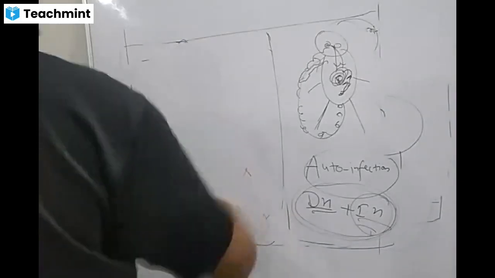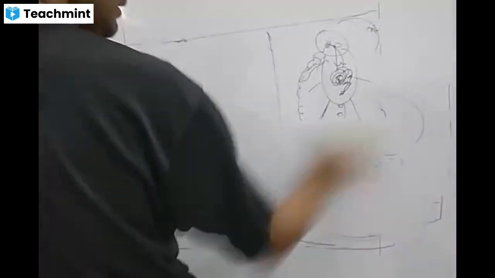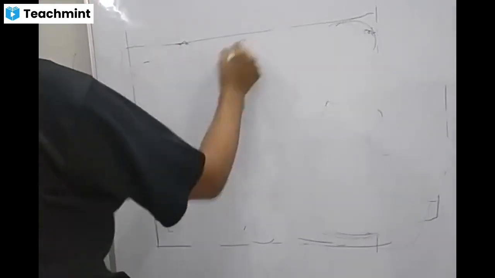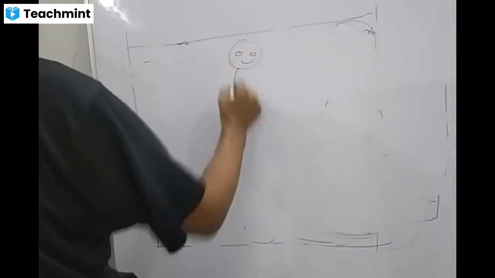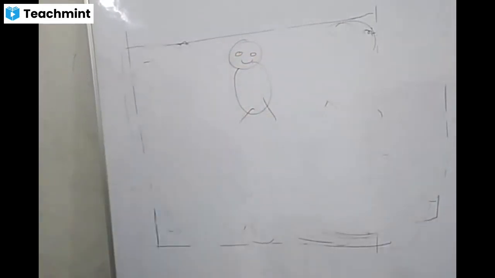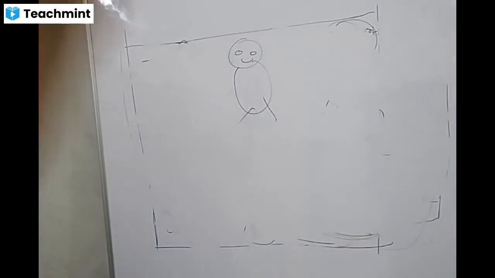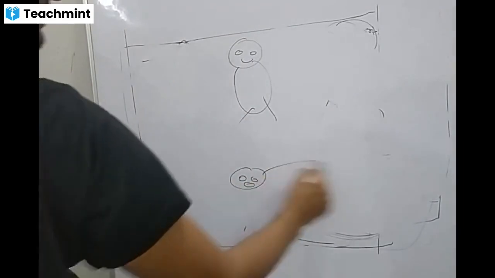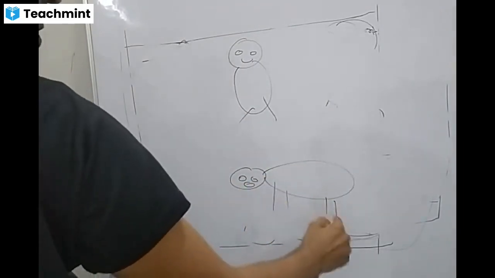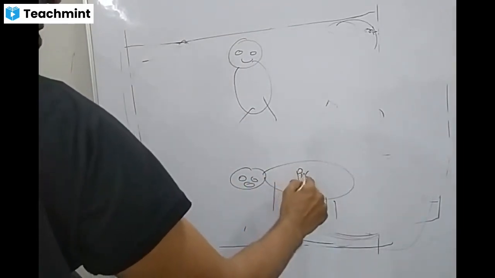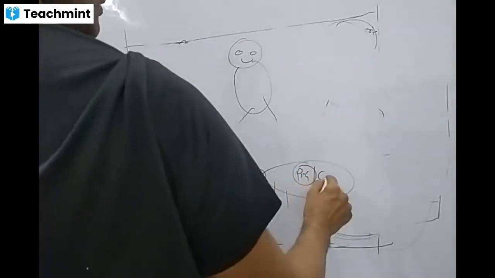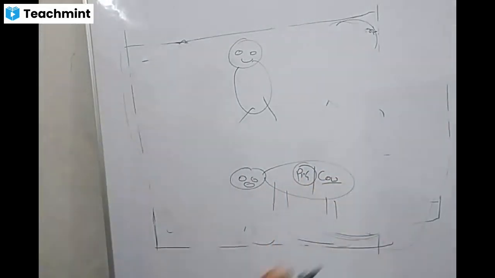So, starting with the life cycle, in both the cases, definitive host is the human. Taenia saginata or Taenia solium. Definitive host is the human. And the intermediate host is the pig in case of Taenia solium, and similarly cow in case of saginata.